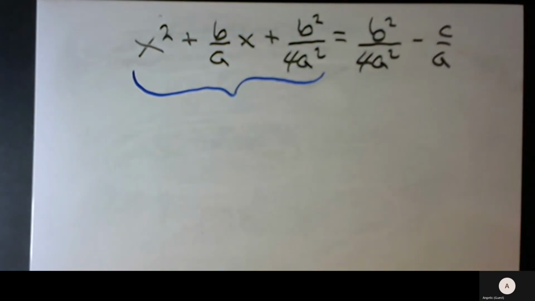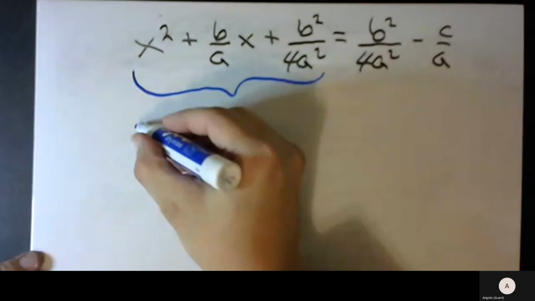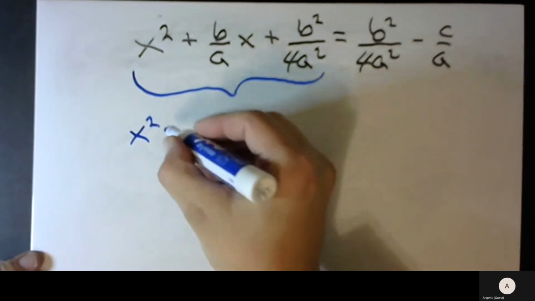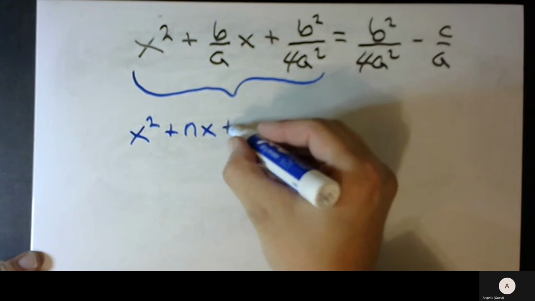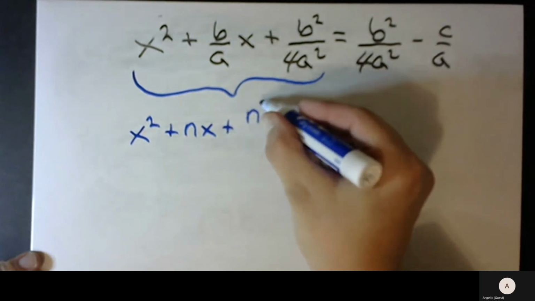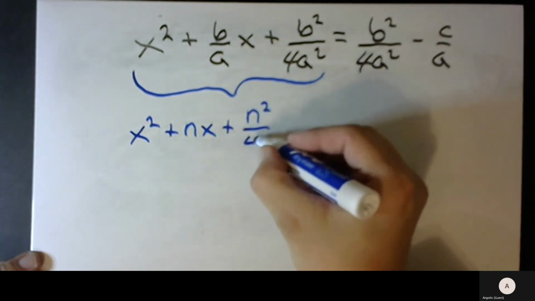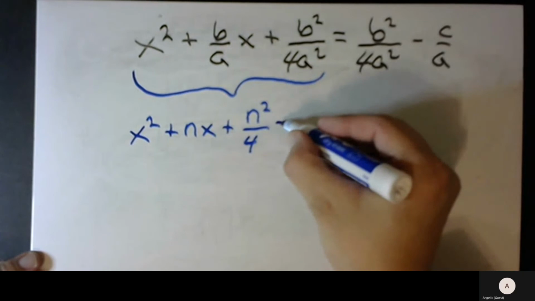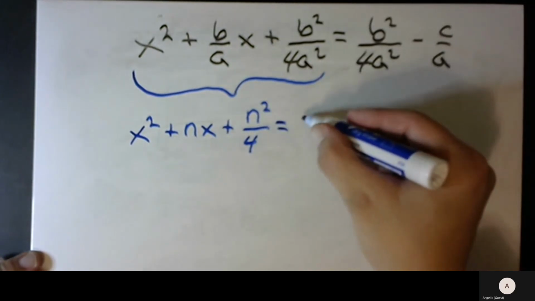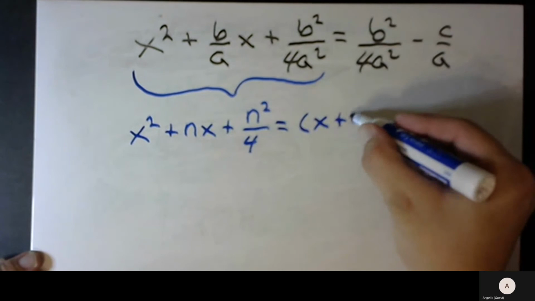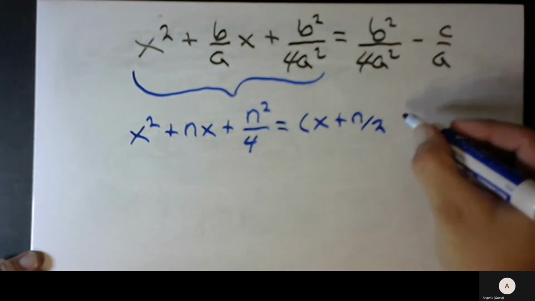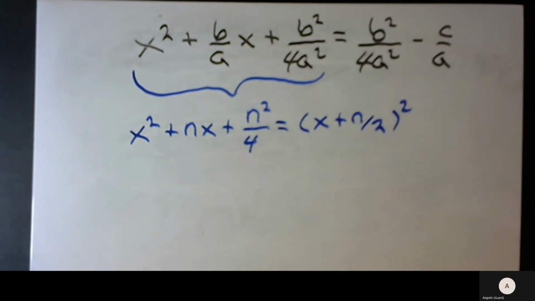We can use the completing the square formula that says x squared plus nx plus n squared over 4 will be equal to x plus n over 2 squared.